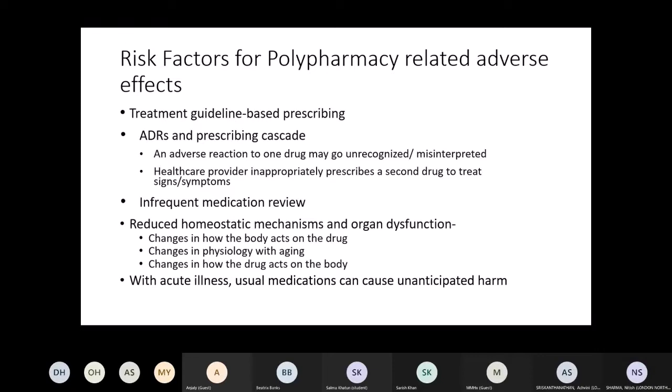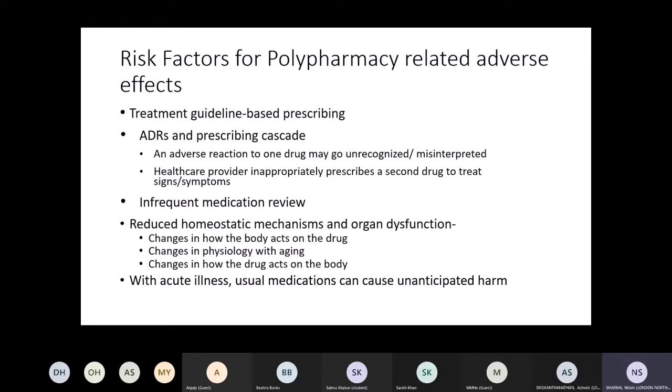So yeah, with elderly, what happens is there's a change in pharmacokinetics and pharmacodynamics of the medications. So basically, the elderly patient's body reacts differently to the medications, and that's why we try to prescribe lower doses of medications in elderly.